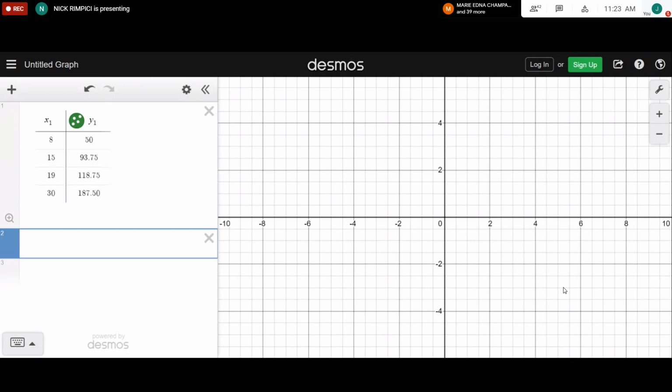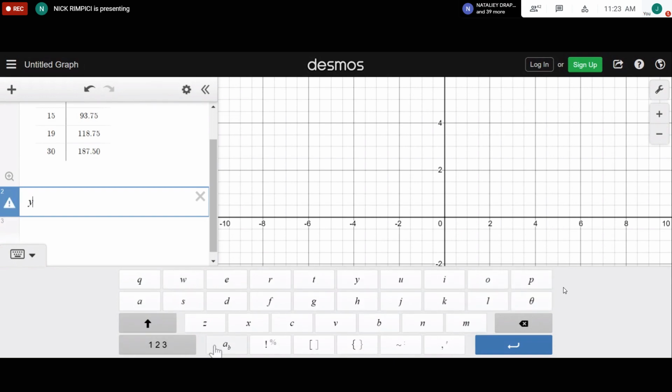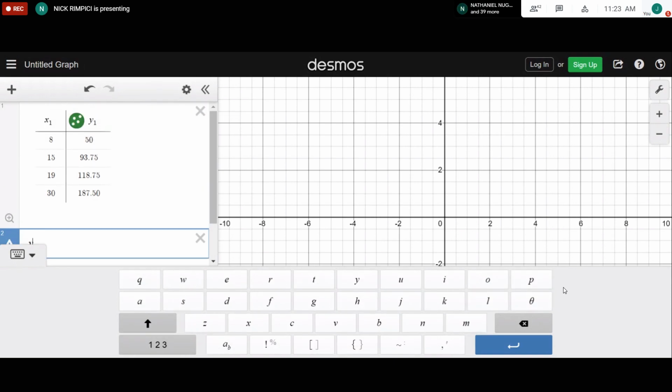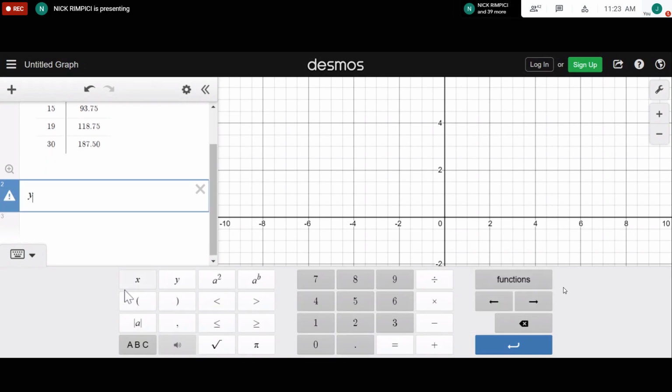I just copied the data and put it in a table in Desmos because I have to let Desmos know my table values. And now I want to write an equation of a line using this information. This part's annoying. It's y, I believe, and then I put my data in, so y sub one, and then is approximately.